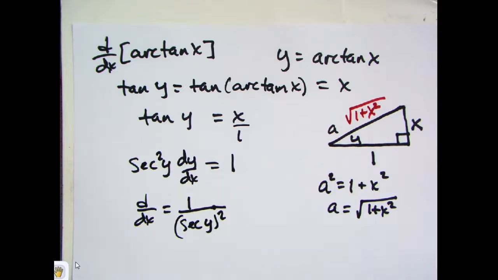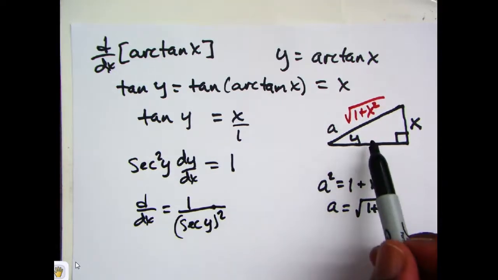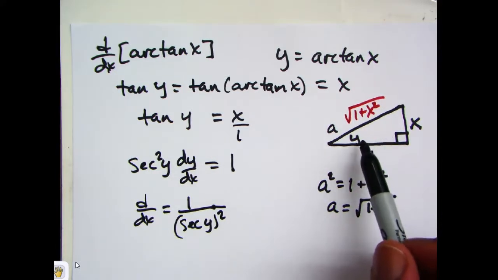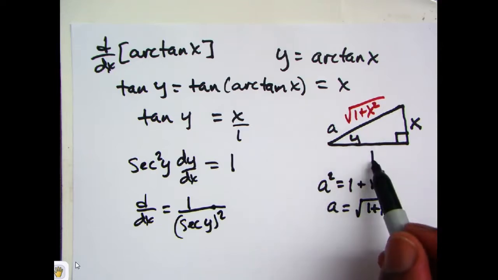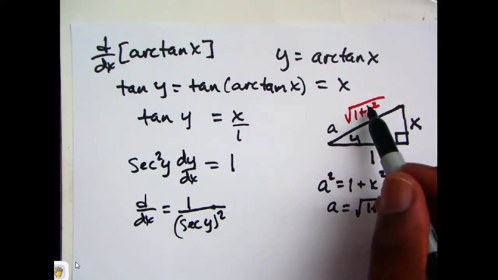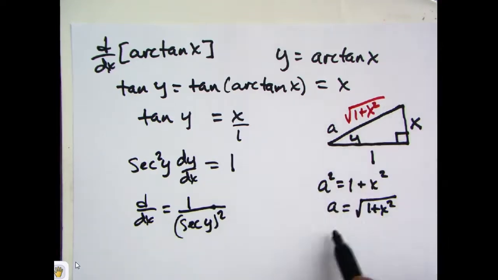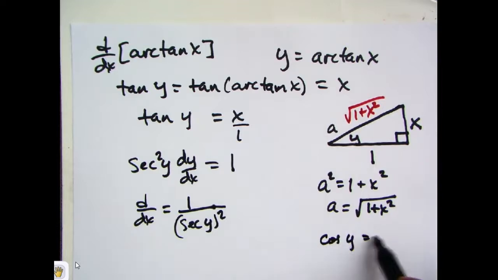All right, so here's our triangle again. The cosine of y is adjacent over hypotenuse. So cosine y is 1 over the square root of 1 plus x squared.